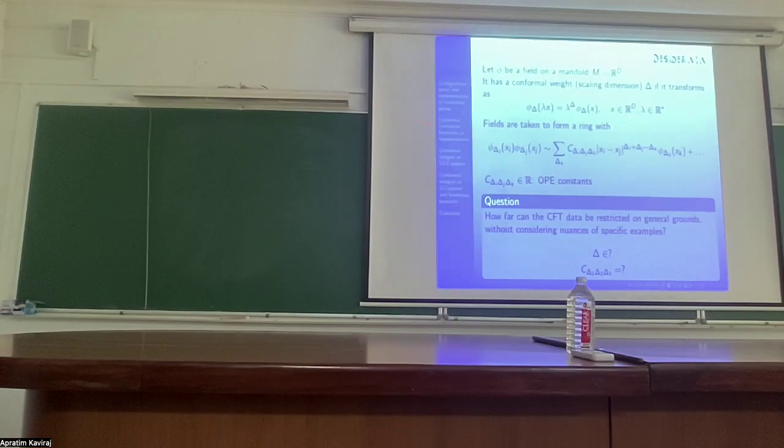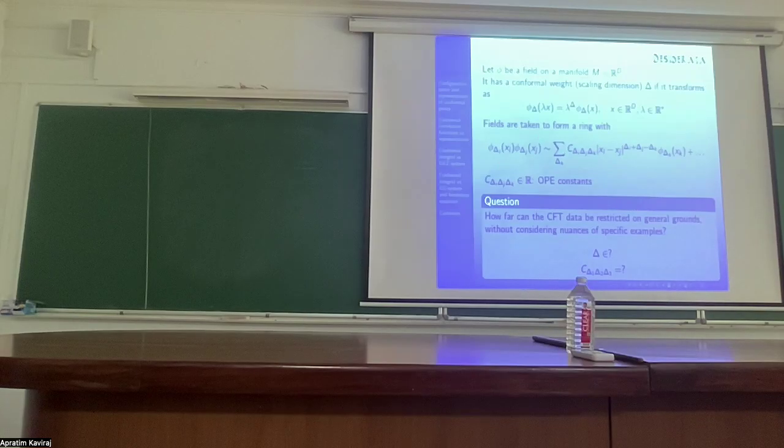These fields in this conformal field theory are taken to form a ring. Basically that means that if we define a product of two such fields at two different points, it will be given by an expression like this, where the C's are constants. This is the distance between the two points, with the scaling dimensions of these two fields, and this last one is something that everyone knows. These are called OPE constants.